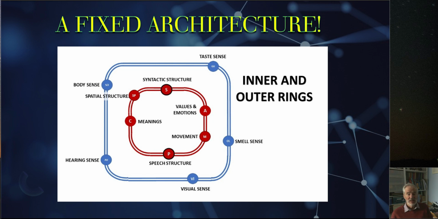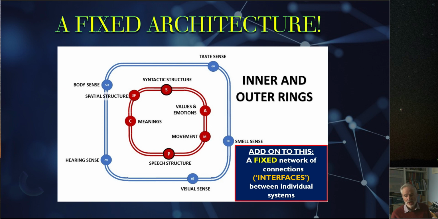You can't add a system, you can't take a system away. It's absolutely fixed, right? And not only is what you see fixed, also what you don't see, which is the connections between the various systems. This is what we call interfaces.